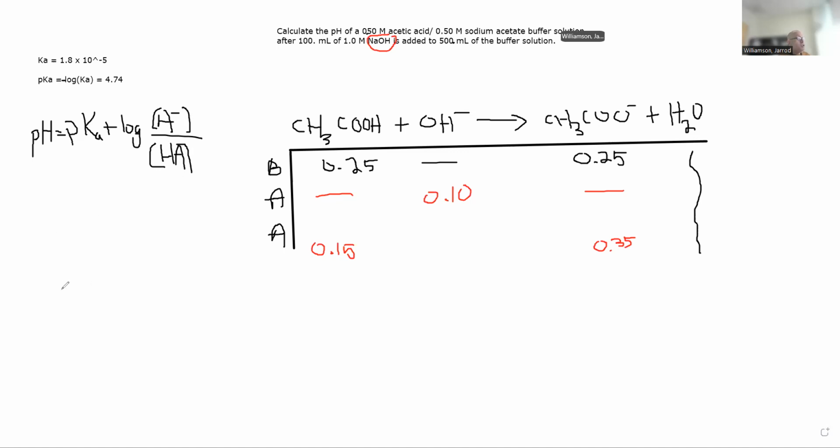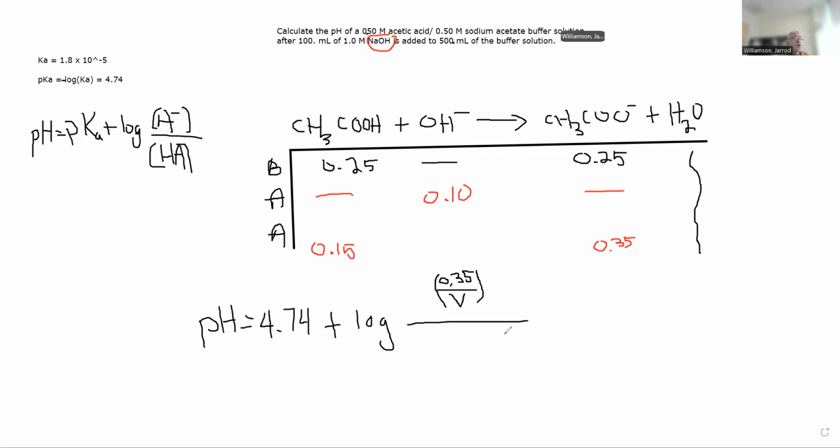Well, I'm going to remind you of something I told you. The pH will be 4.74 plus the log of, now the A minus ratio will be 0.35 moles divided by, to get the concentration, it's got to be divided by whatever volume it's in.